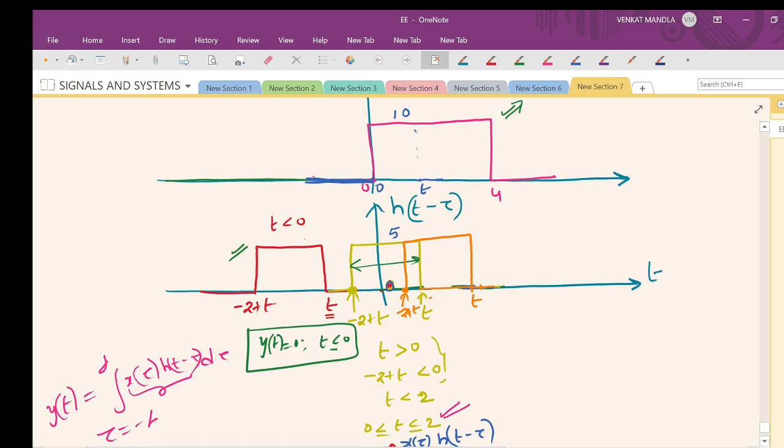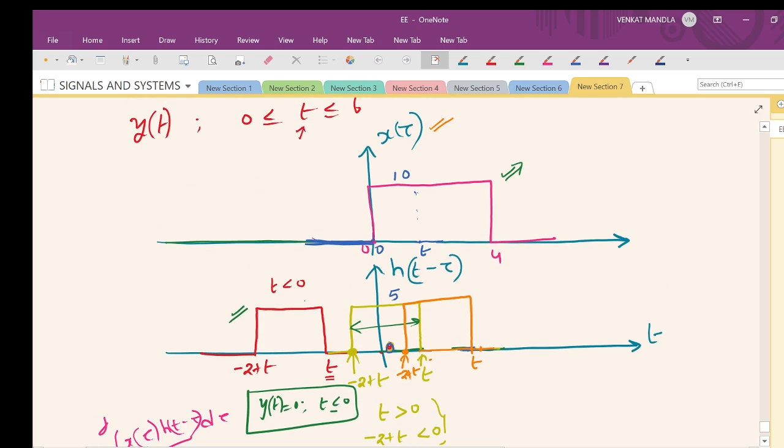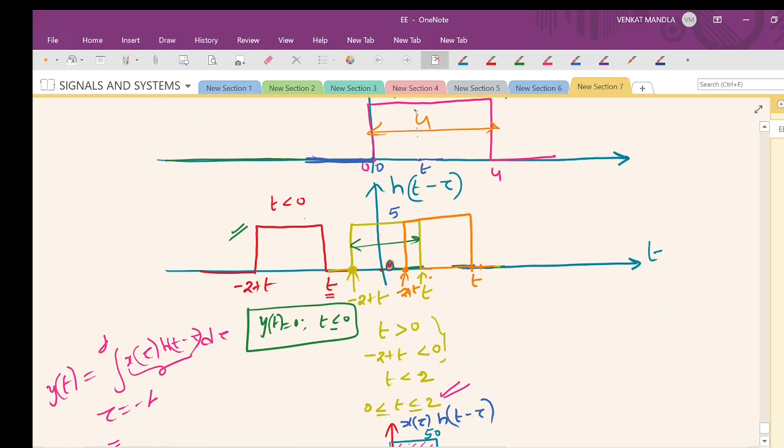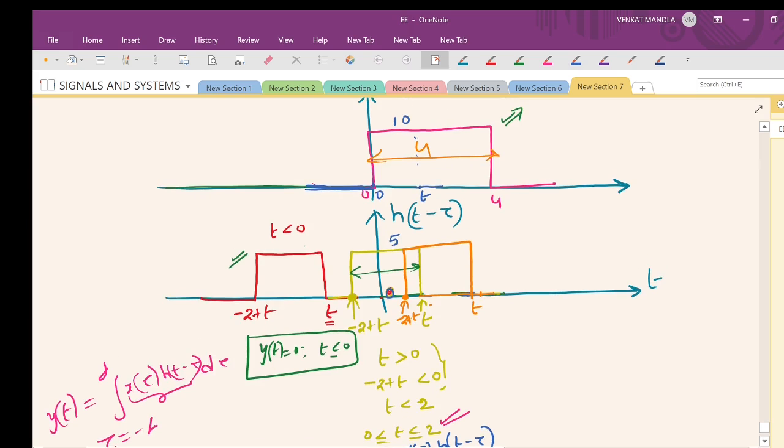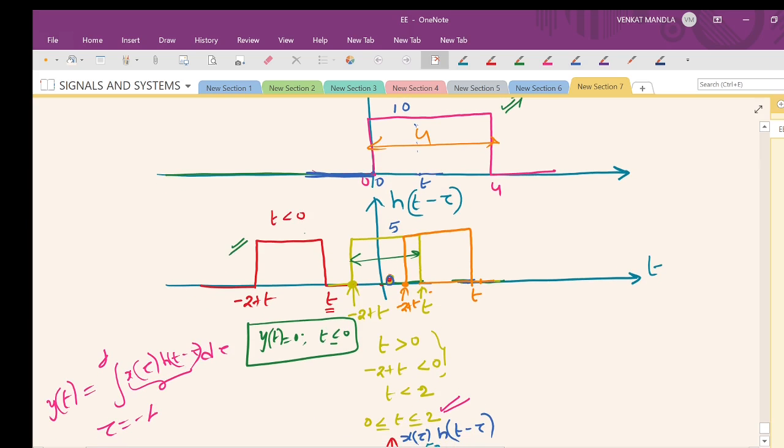So I have chosen minus 2 plus t and t such that this total h(t minus tau) should be inside x(tau), because this width is 4, this width is 2, this can easily fit inside this x(tau). So now I will multiply, and this t is chosen such that t is less than 4, this is 4, and this minus 2 plus t should be greater than 0.